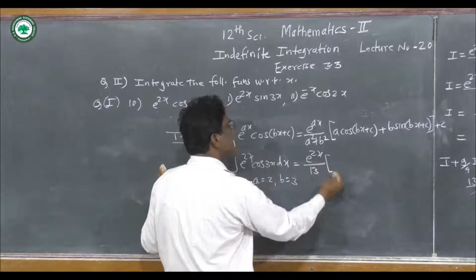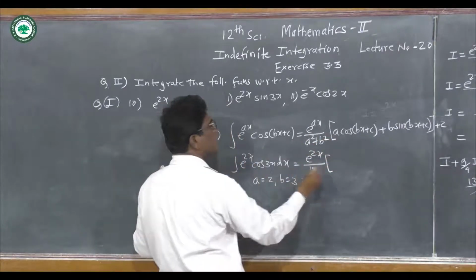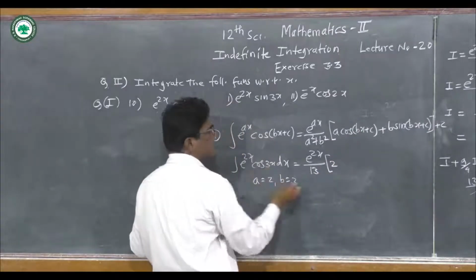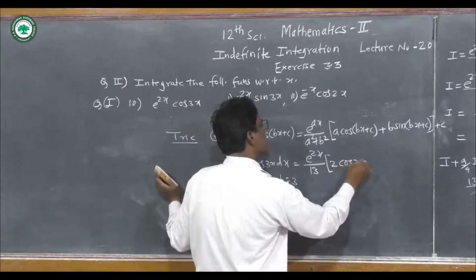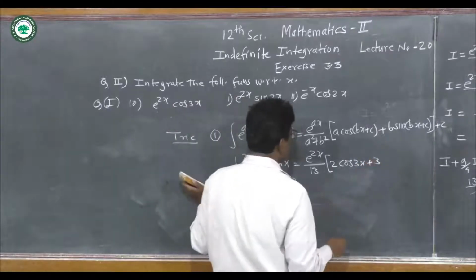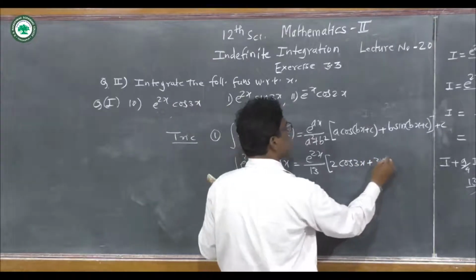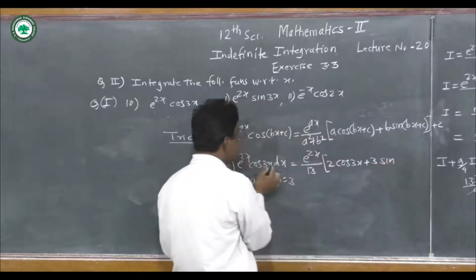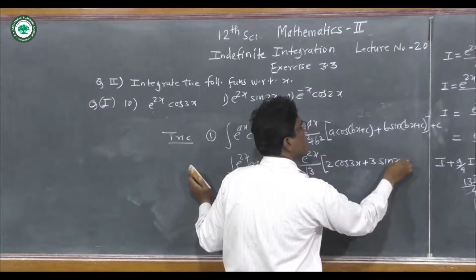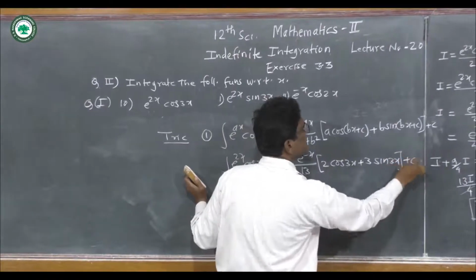In the bracket a is 2 into cos of (bx plus c), that is cos of 3x, plus b, which is 3, into sine of (bx plus c), that is 3x, since c is 0 here, plus constant of integration.